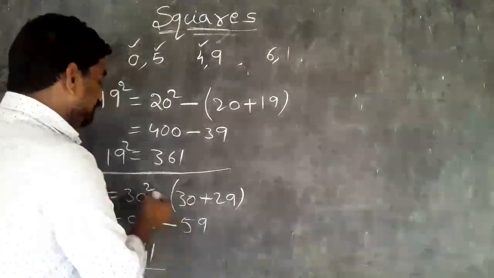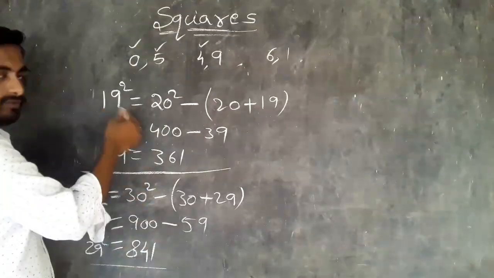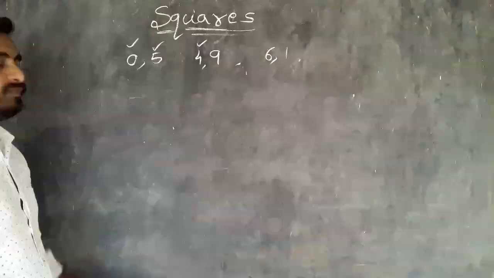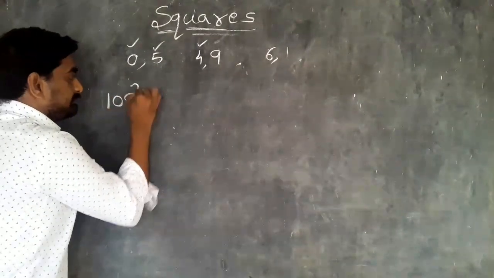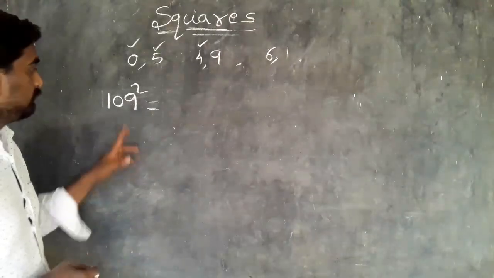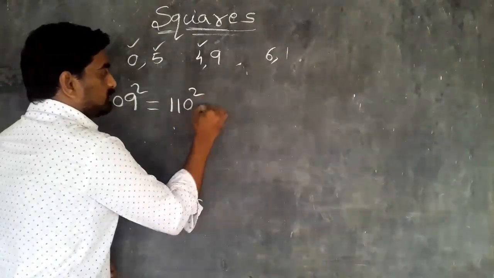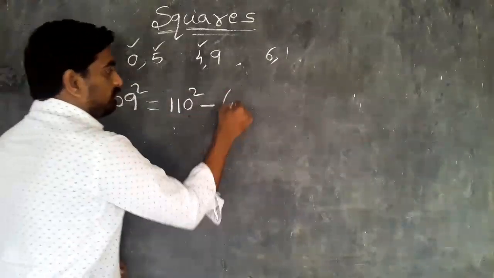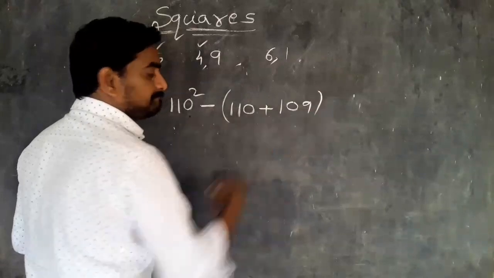Now we see triple digit 9 ending numbers. How can we write the square? Okay, now we take the 9 ending triple digit number 109 square. Same order: the 0 ending number after 109 is 110. So 110 square minus 110 plus 109.